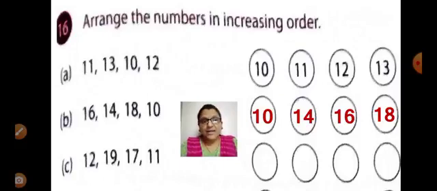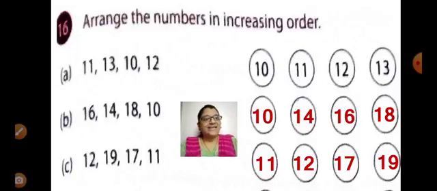Next example, 12, 19, 17 and 11. Here smallest number is 11. So that we will write first. Then 12, 17 and then the last is biggest number 19. Yes, and the remaining sums you will solve as homework.